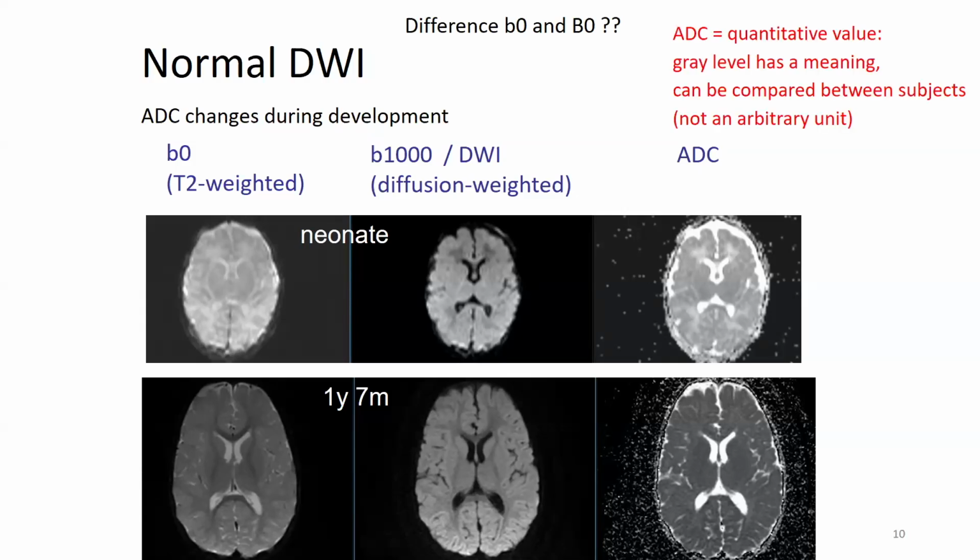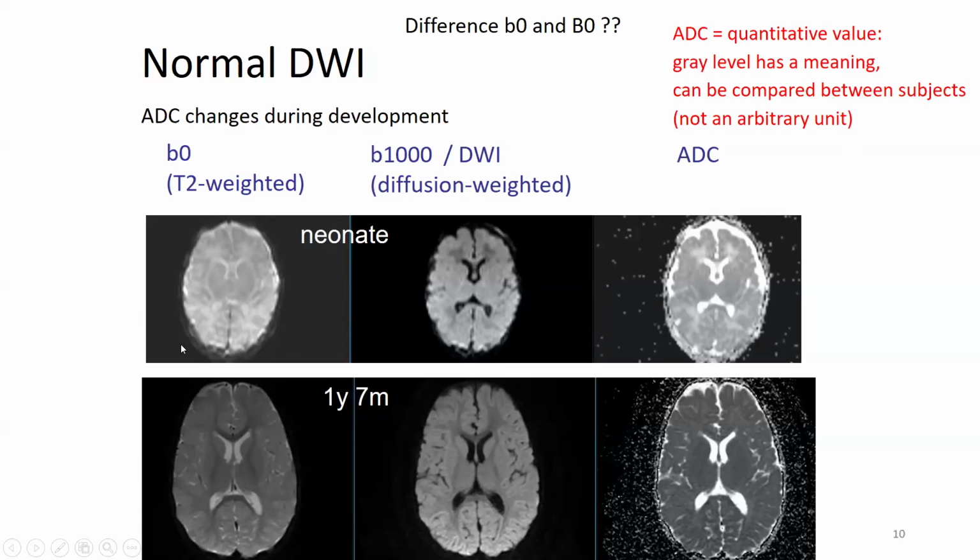And indeed, because you asked for it, which is a very good question, what kind of image is then the ADC? ADC is only a calculated map from those other images, and actually this ADC is a quantitative value. So the gray level here has really a meaning, and it can be compared between subjects. So in this subject I have an ADC. I didn't put on the numbers here, but I can really have a number for the ADC, and here I have a number for the ADC.